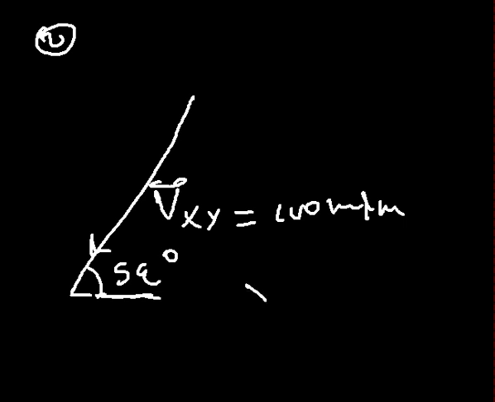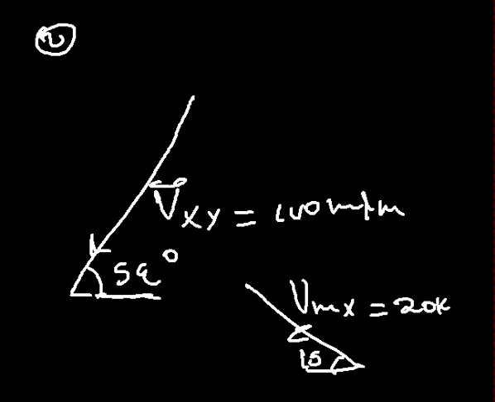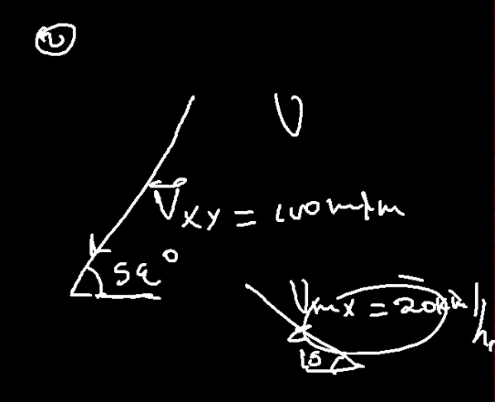And say we have another one going like that, at an angle of 15 degrees. Vmx is given as 20 kilometers per hour. So how do you think we should find Vmy if that is the case?